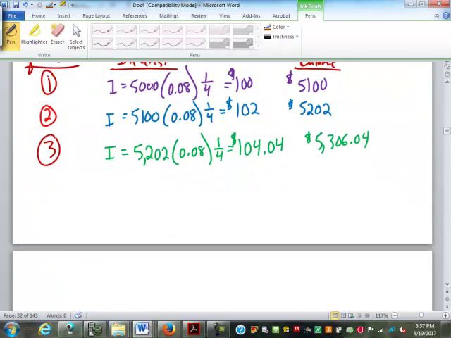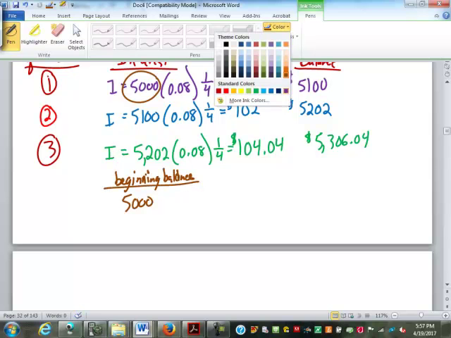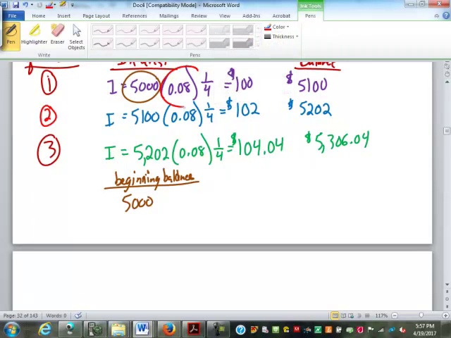If we look at what happened here, we had a beginning balance, right? Each period, we multiplied by 0.08 times 1/4. Well, 0.08 times 1/4 is 0.02.